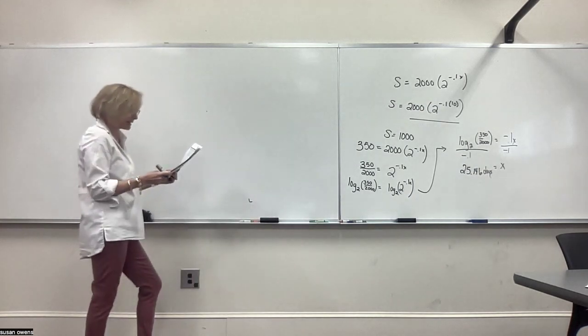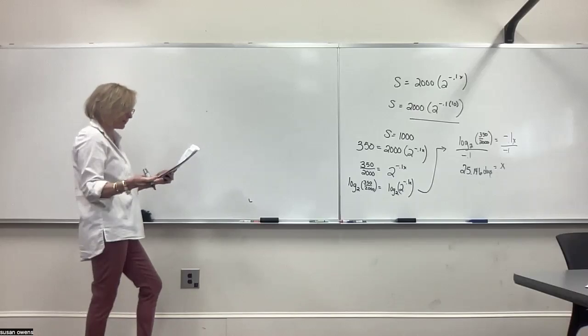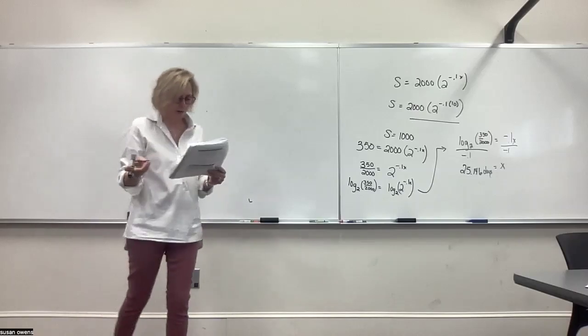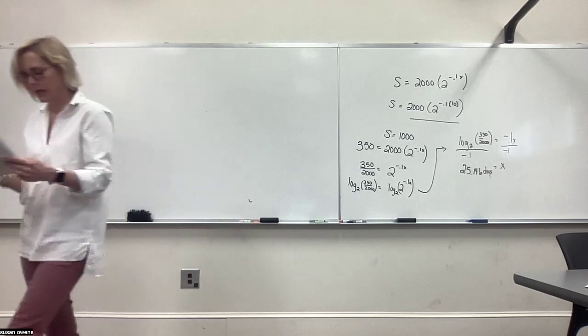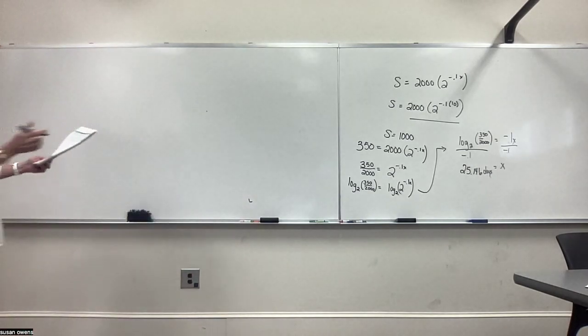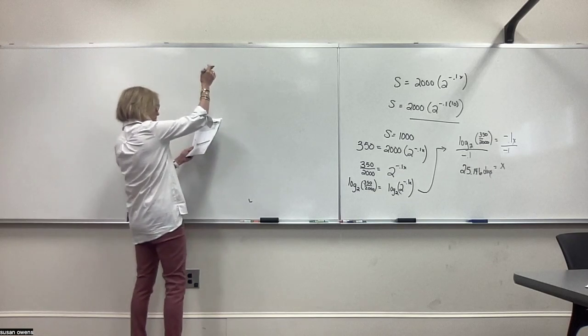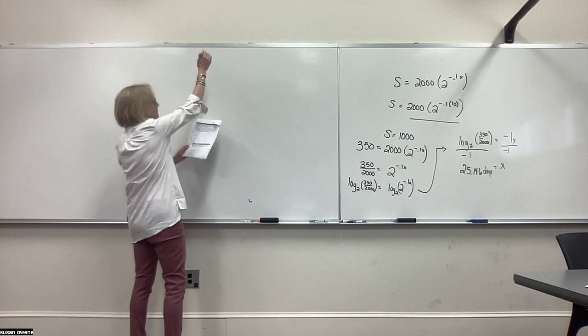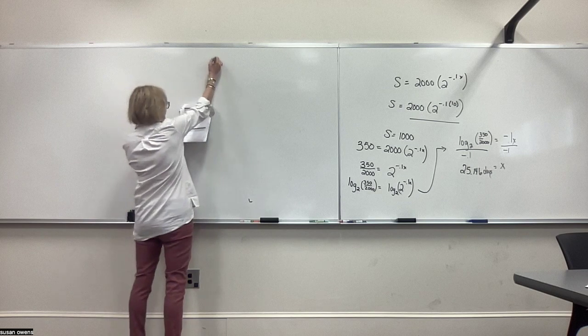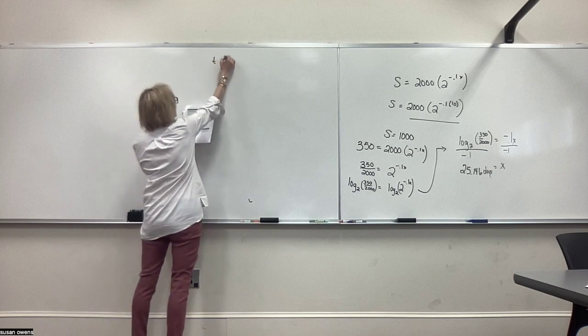They give us a year and a number, and then they give us another year and a number. So we have time and population.